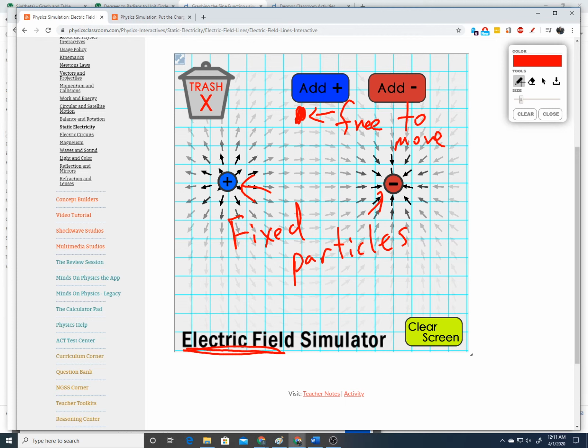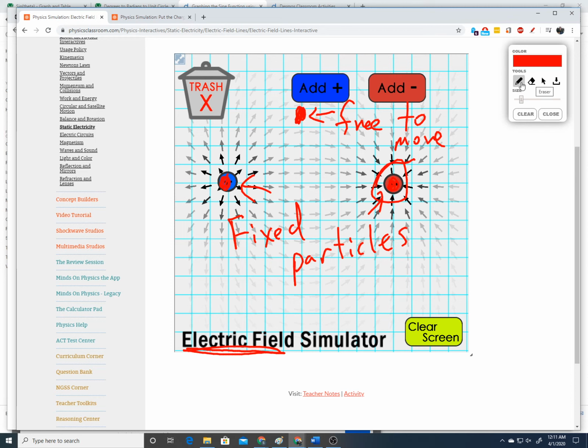So, which direction it moves does depend on whether your free particle is of positive or negative charge. Of course, if it is a negatively charged particle, it's going to be most attracted to our positive charge right here. If it's a positively charged particle, it's going to be most attracted to our negative charge right here.